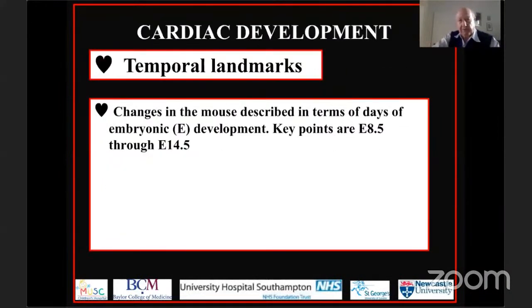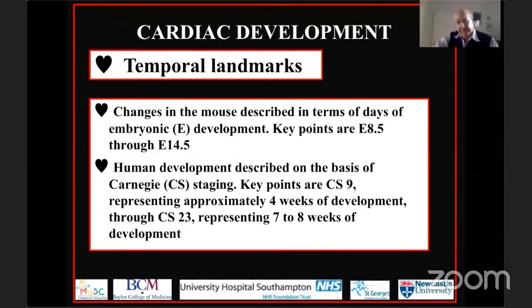I also reminded you last week that we're going to look at what happens in the mouse and compare that to what happens in man. The key points in the mouse are graded according to embryonic days, and you'll see those on my slides, E standing for embryonic day, through embryonic day 8.5 to embryonic day 14.5.